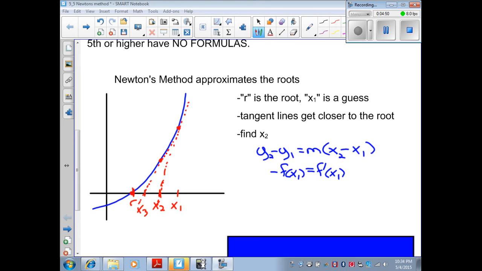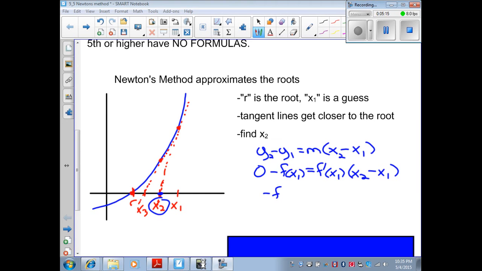Okay. x2, that's going to be the x-intercept we're looking for. And x1 is our initial guess. Now if I'm looking for an x-intercept, that means that y2 right here is 0. Let's see if we can solve that for x2. Okay.